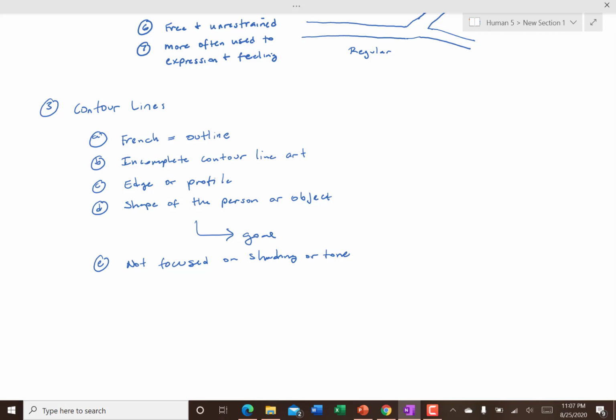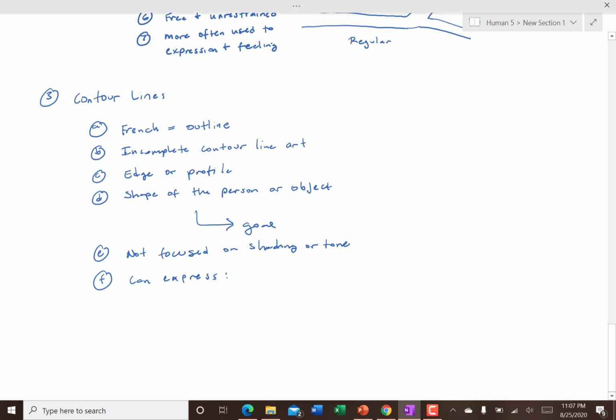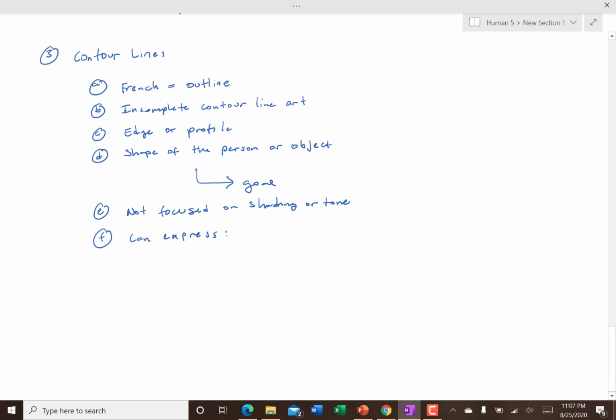Now, contour lines can express volume and space. So let's see what they can express. It's not just an outline. It starts as an outline, and you are drawing the outline of something. But in doing so, you can use it to express, like I said, volume in space, so how much volume something has.